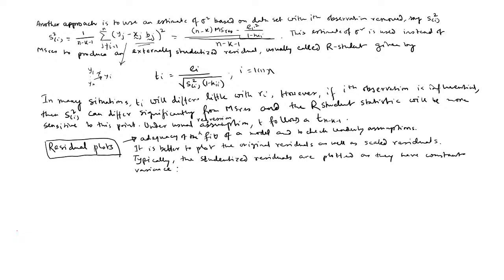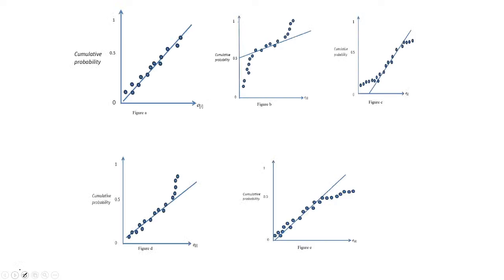Okay, it has constant variance. So now go to the normal probability plot, which I already discussed. See figure A. I discussed this figure.